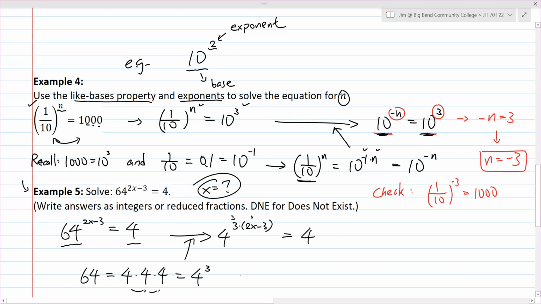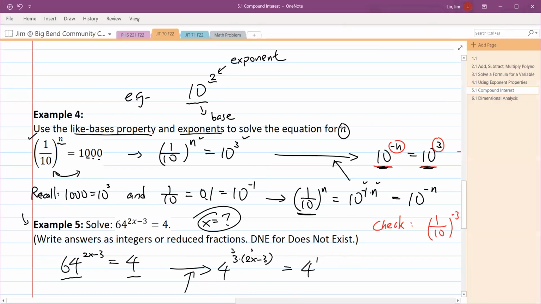And then if you recall what 4 is like when you apply the power, then that would be 4 to the 1, because that means there's only one value of 4 in that formula, and there's no way for you to make up something else. So that's the like base property setting again.